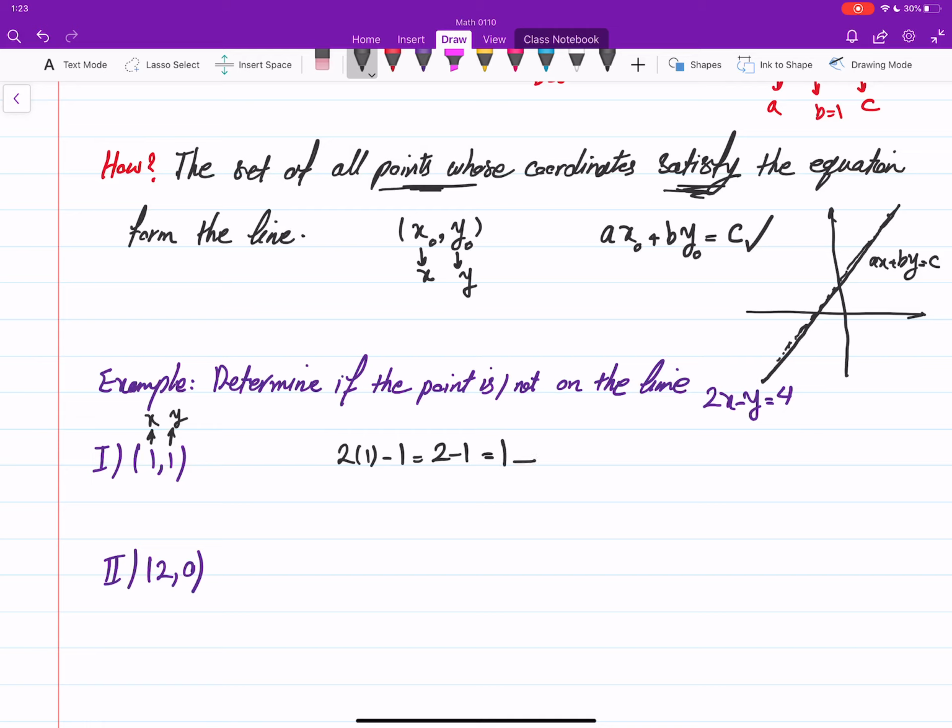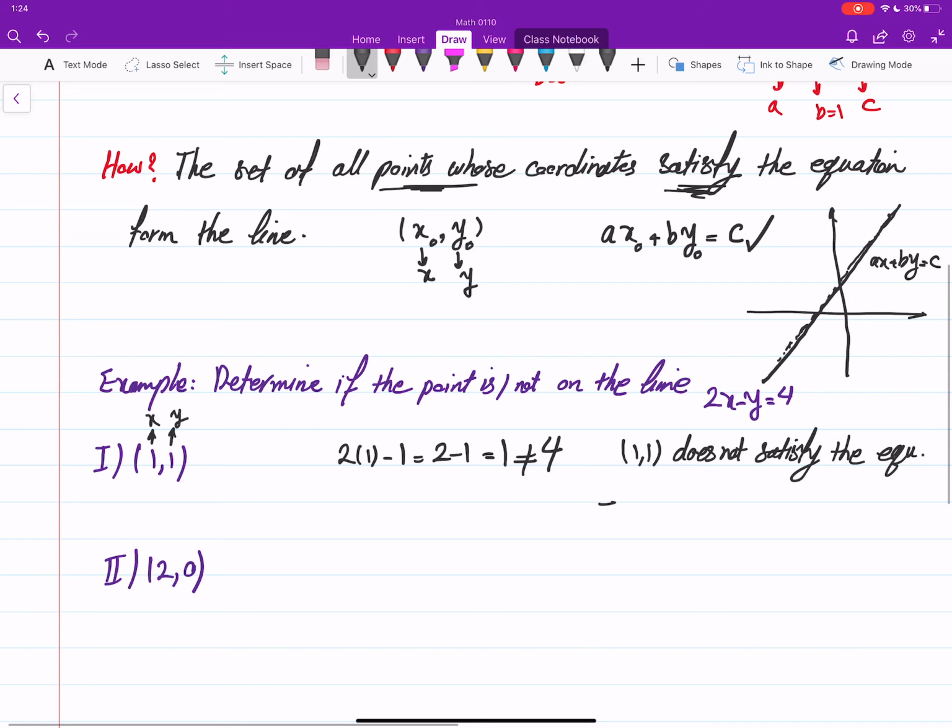This is obviously not 4. That means that (1, 1) does not satisfy the equation. If a point does not satisfy the equation, then (1, 1) is not on the line.